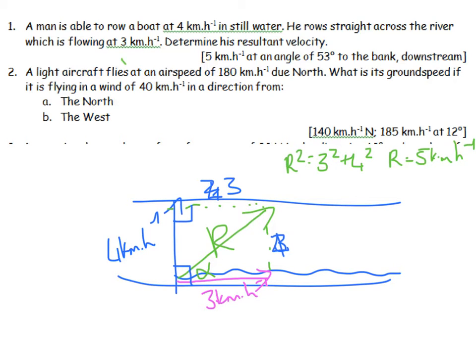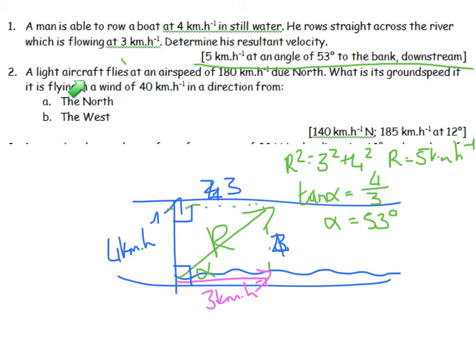I know the opposite side is 4, and I know that the adjacent side is 3. So I'm going to say tan of alpha is equal to the opposite side over the adjacent side, and alpha turns out to be 53 degrees. So my resultant is 5 kilometers per hour at 53 degrees to the bank.